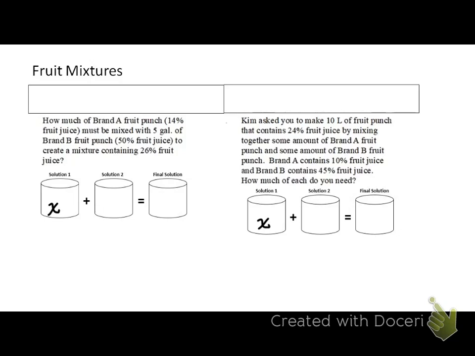How much of brand A at 14% must be mixed with 5 gallons of brand B at 50%? So this will be 50% at 5 gallons, to create a mixture containing 26%.